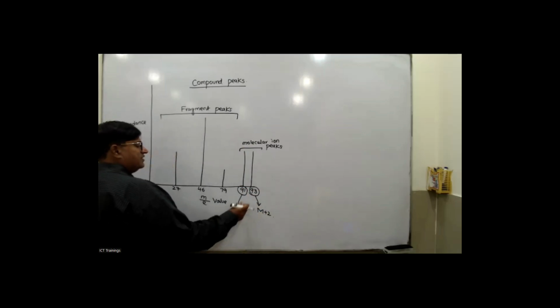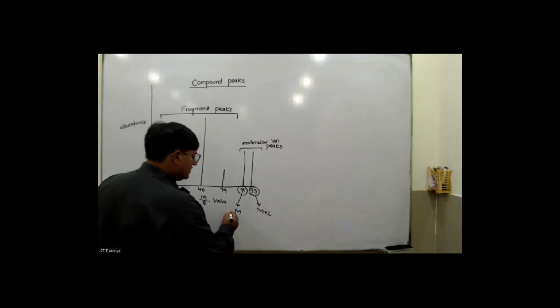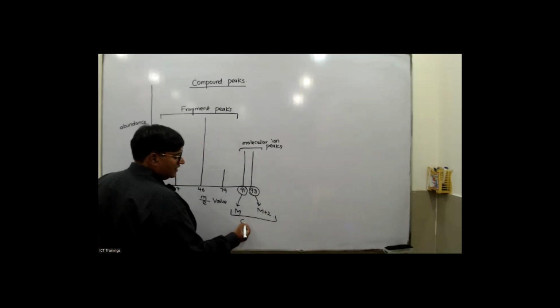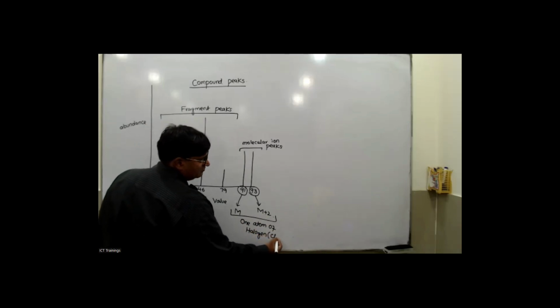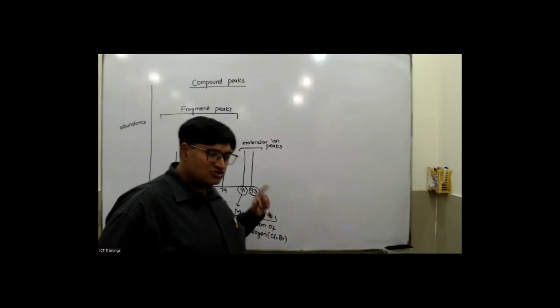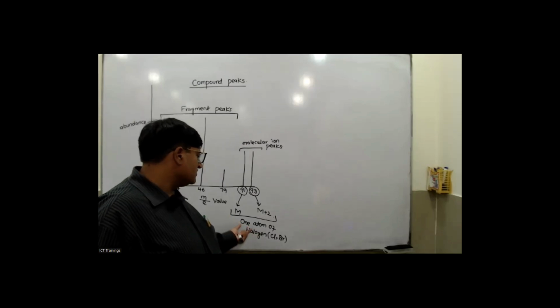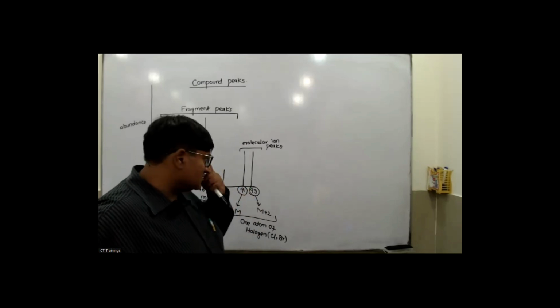So if you got M and M plus 2 peaks, it means you got one atom of halogen, and the word halogen means chlorine or bromine. Only these two elements of the halogens are present in your syllabus.